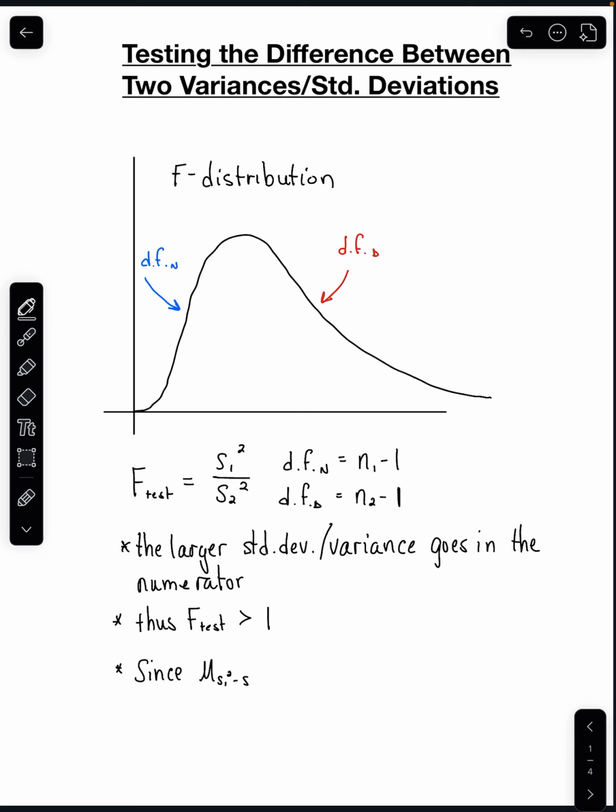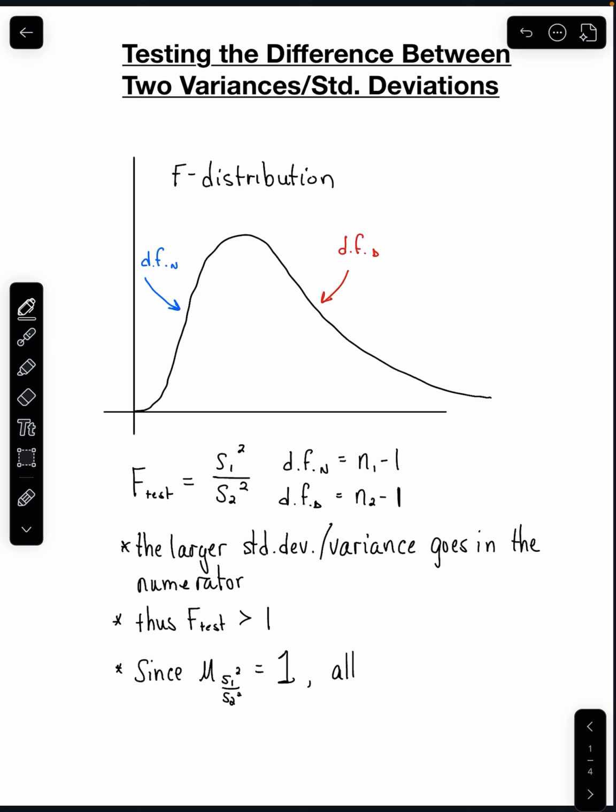since the mean of the variances in ratio is always equal to 1 here, that means that all F tests will be right-tail tests.